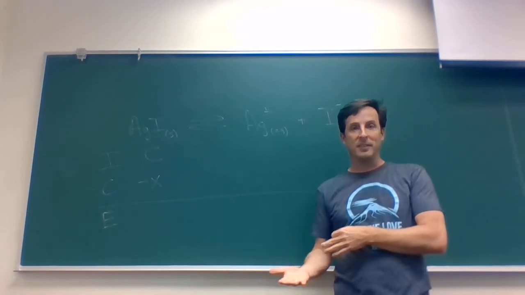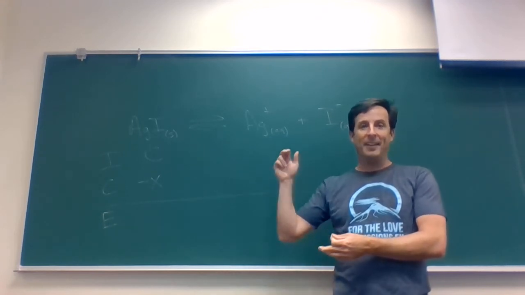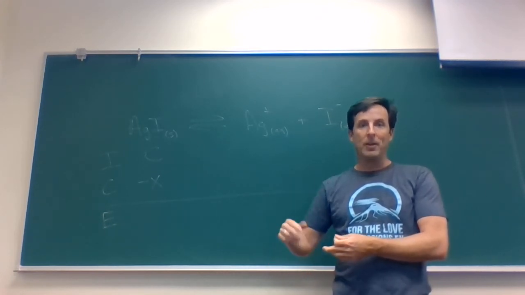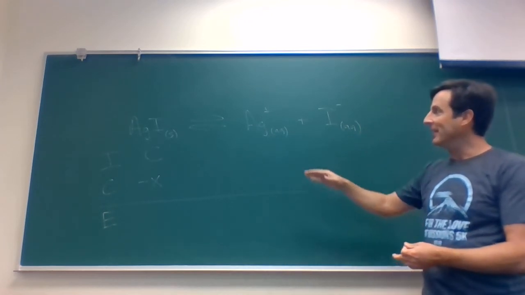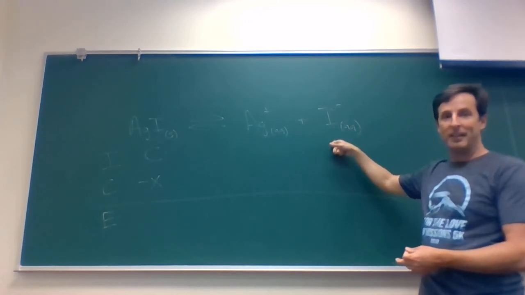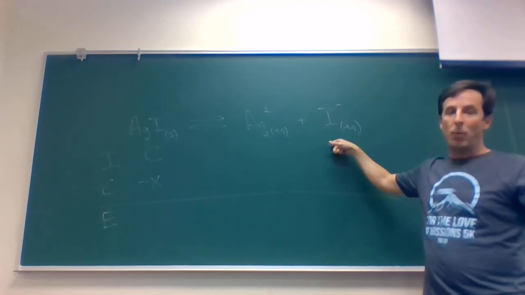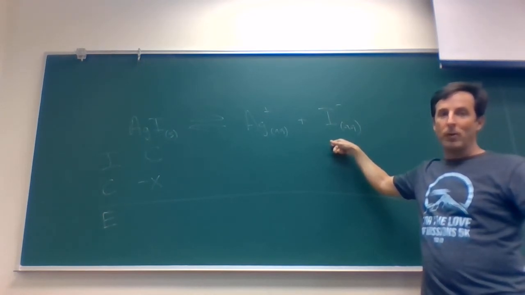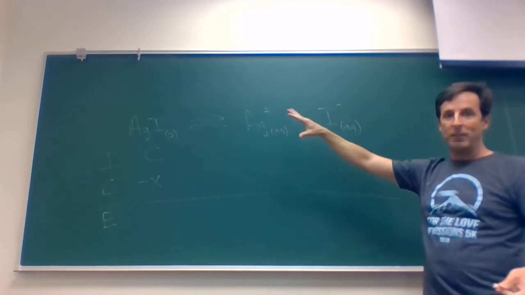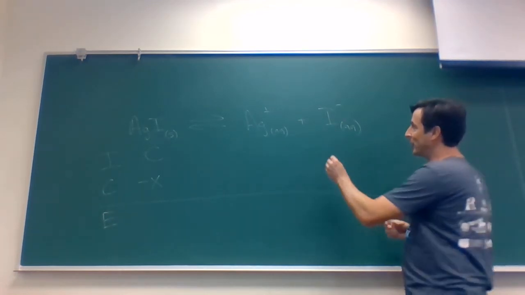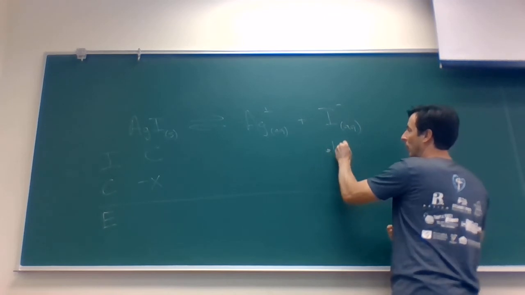It's already present in the solution, and I'm trying to add the silver iodide to that. So the initial amount of iodide in the 0.1 molar sodium iodide solution is already 0.1 molar before I've even added this compound. So my initial amount of I- is going to be 0.1 molar.